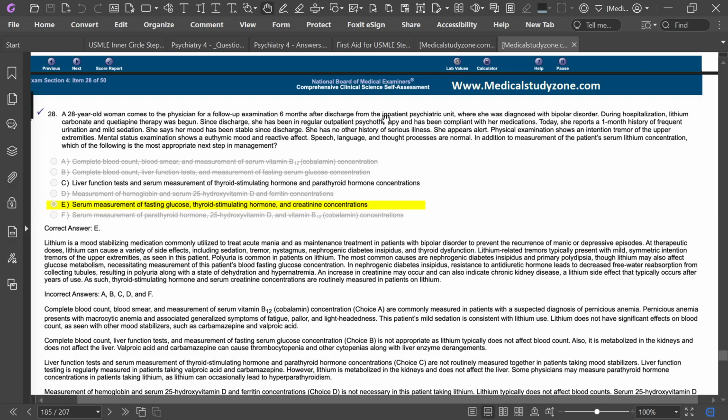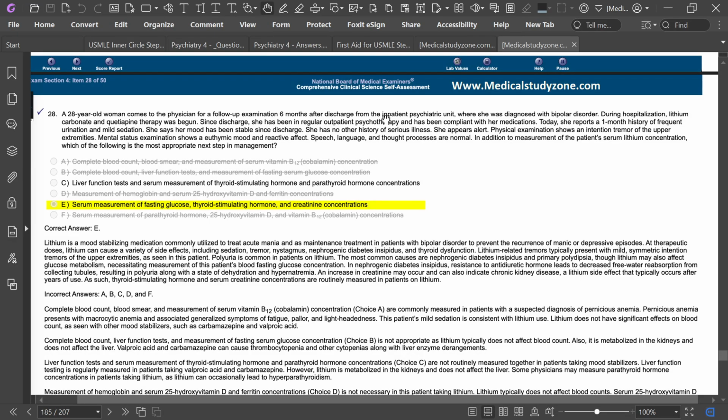Primary polydipsia through lithium may also affect glucose metabolism, necessitating measurement of these patients' fasting glucose concentration.